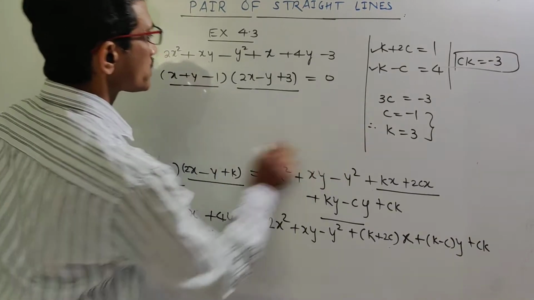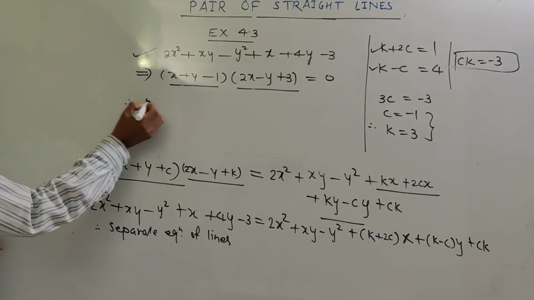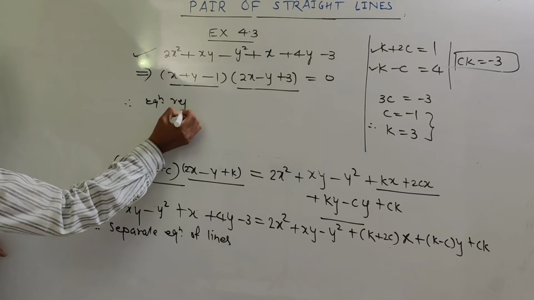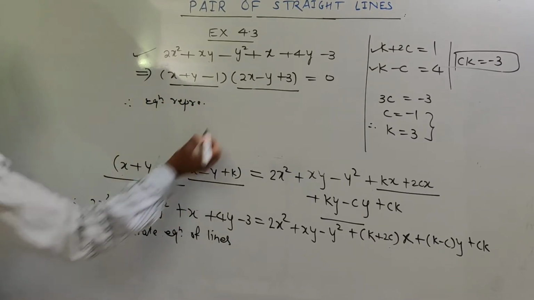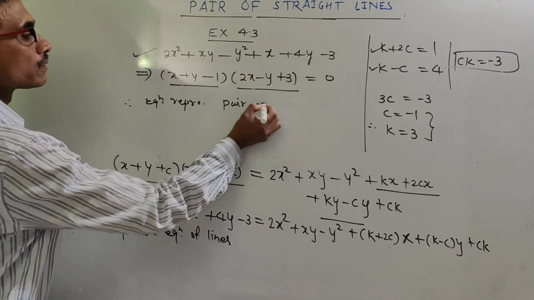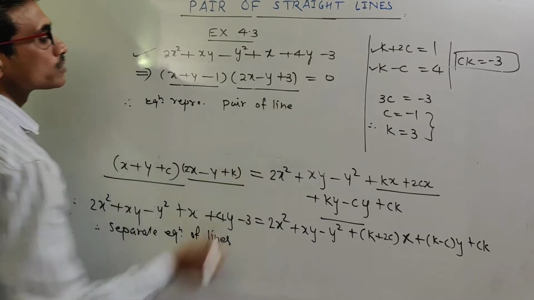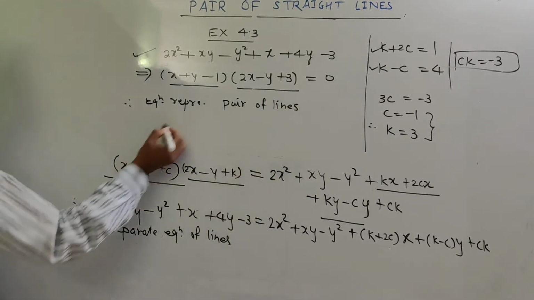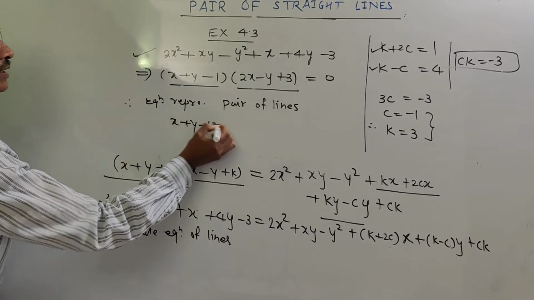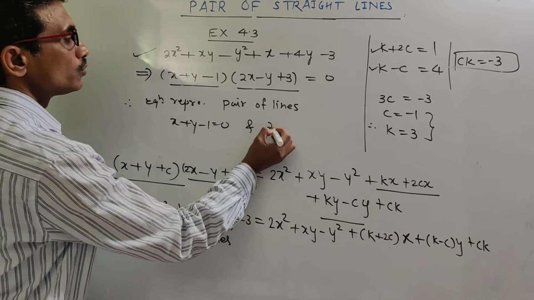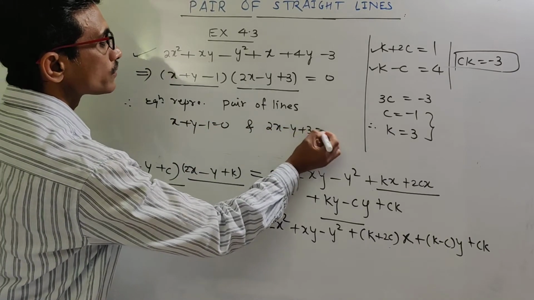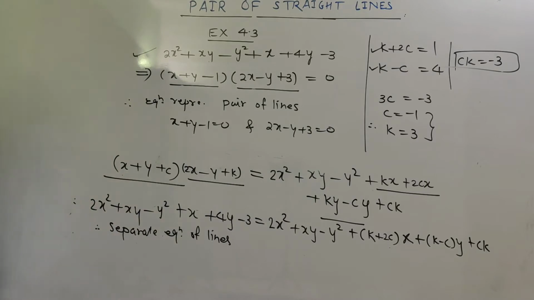The equation represents a pair of lines, and those lines are x plus y minus 1 is equal to 0 and 2x minus y plus 3 is equal to 0.